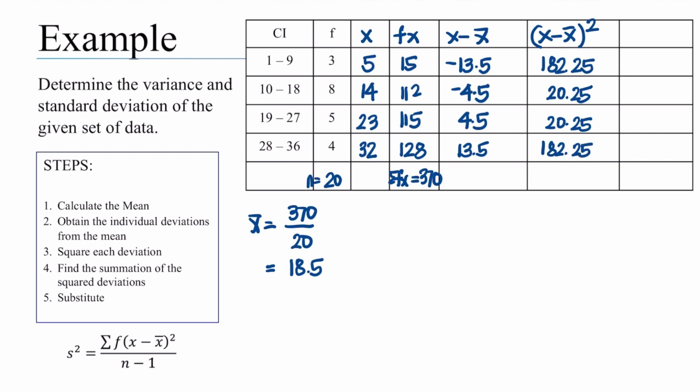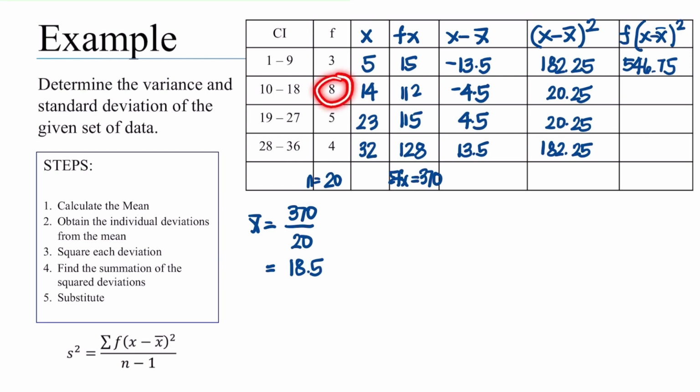Next, we'll have frequency. So frequency times x minus mean squared. Take note that the difference between the ungrouped data and grouped data is the frequency. So we will multiply this by the frequency. So 3 times 182.25 is 546.75.